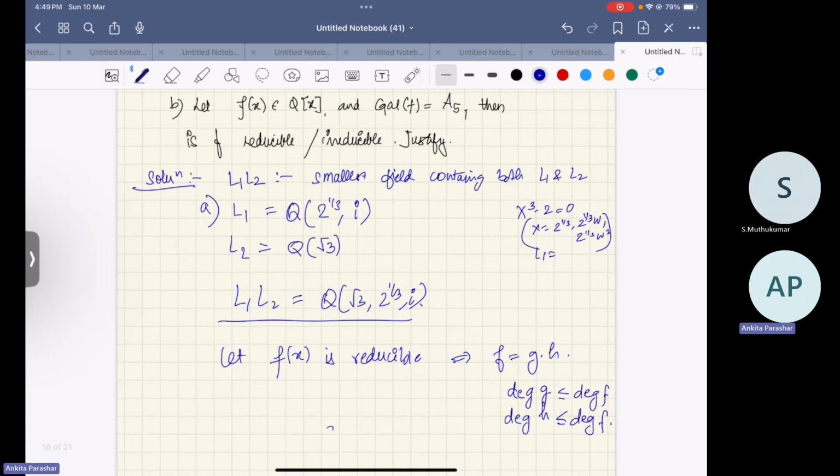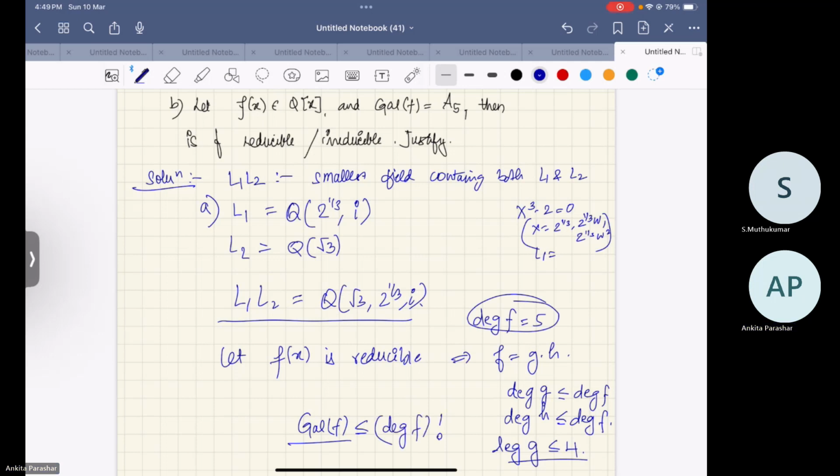So you know one thing, that the Galois group of f is always less than or equal to the factorial of the degree of f.